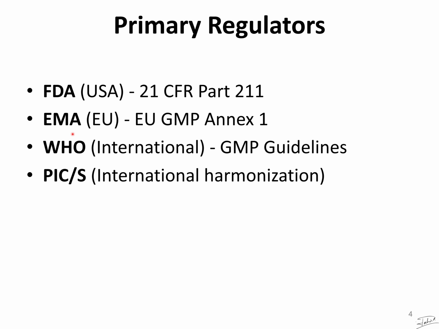Then the European Medicines Agency of the European Union includes this as a requirement in manufacturing. Then WHO includes GMP guidelines, which require this HVAC system. And another one is PICS, that is Pharmaceutical Inspection Cooperation Scheme. These also require HVAC system.